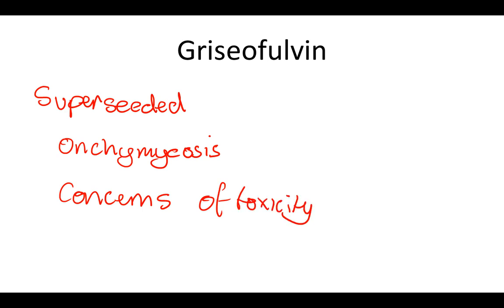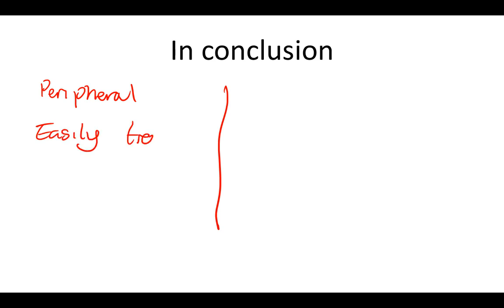So in conclusion, fungal infections can be divided into 2. You have your peripheral infections such as candidiasis, athlete's foot, and tinea infections, easily treated in your community pharmacy. Normally you go for local treatment first before systemic.